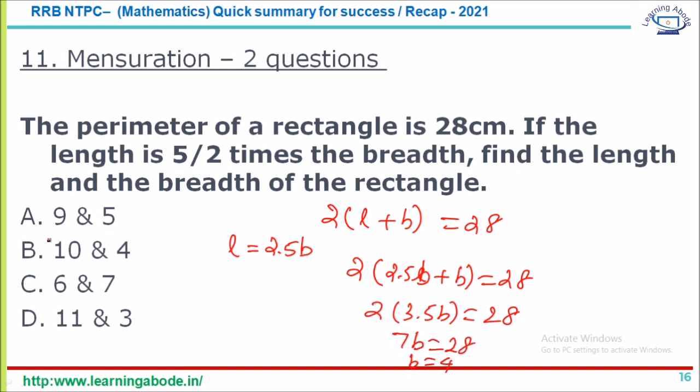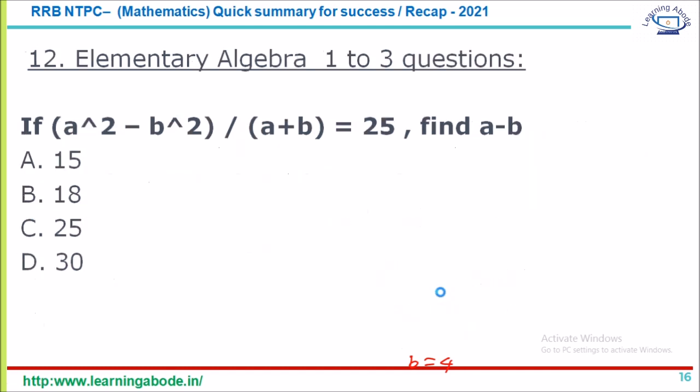You can pick this answer choice directly, since among the 4 options only option B has that relation. The others don't fulfill that condition. So you can directly mark the answer, or use the conventional method. So that was a sample question on the 11th topic, mensuration.